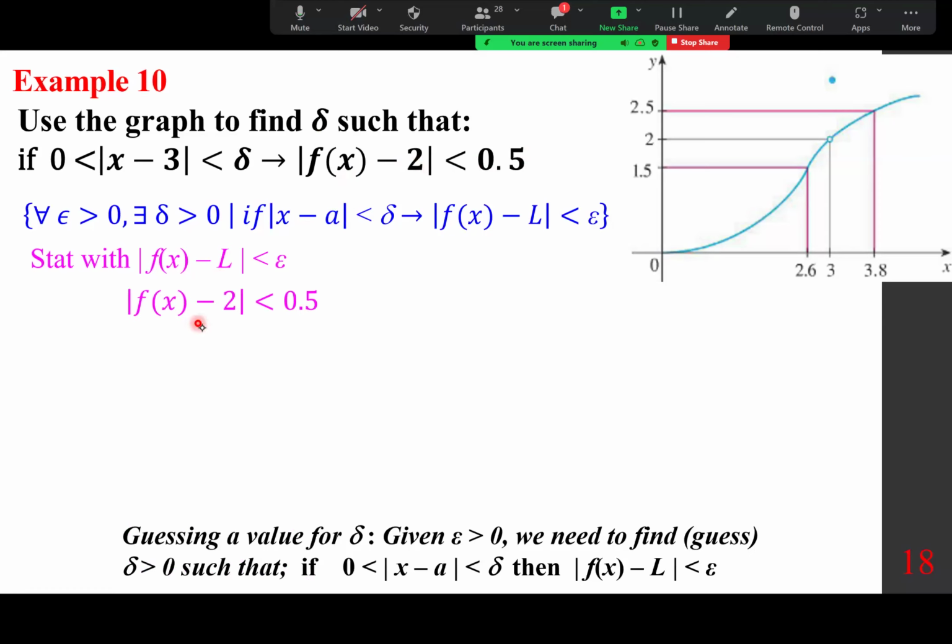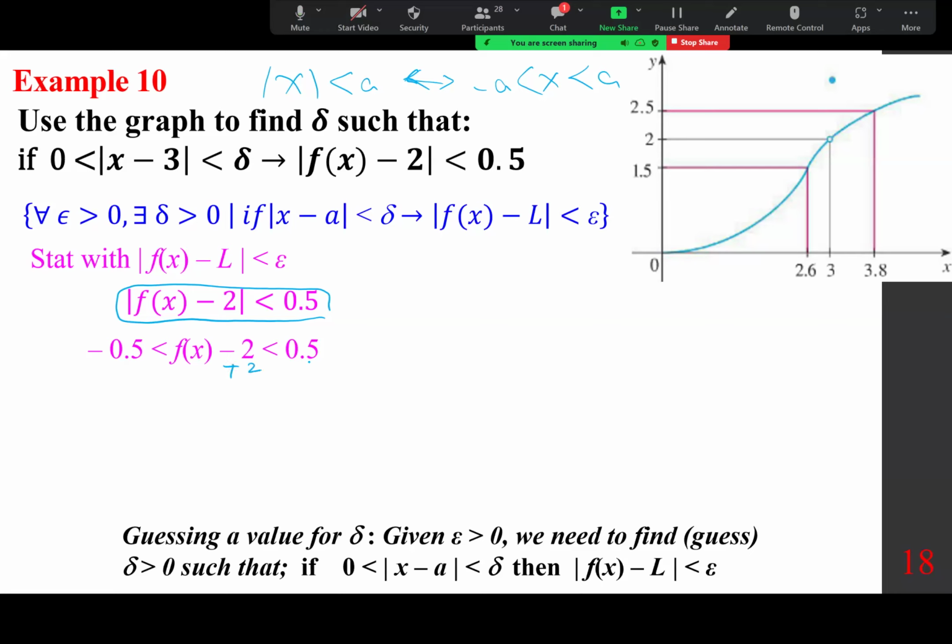As you recall, the absolute value property: if the absolute value of x is less than a, assuming a is positive, then x is sandwiched between minus a and a. The same thing happens here. So f of x minus 2 is sandwiched between negative and positive 0.5. And we are going to add 2 to all 3 sides.